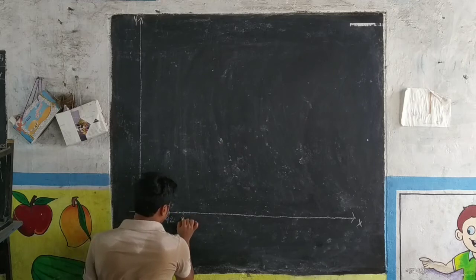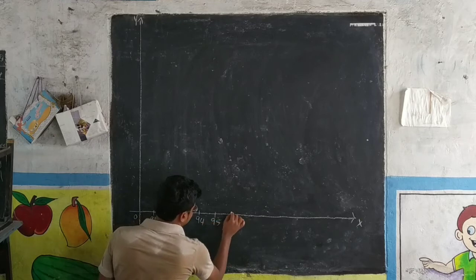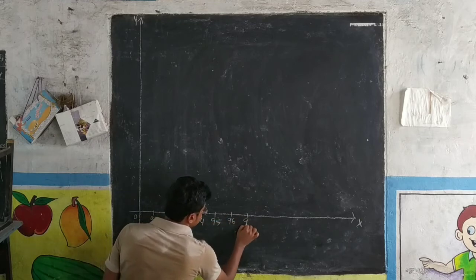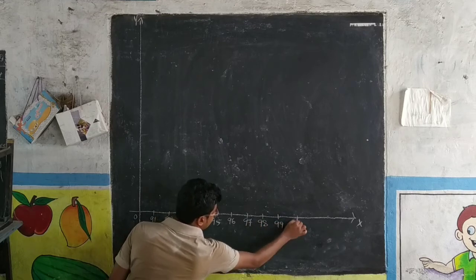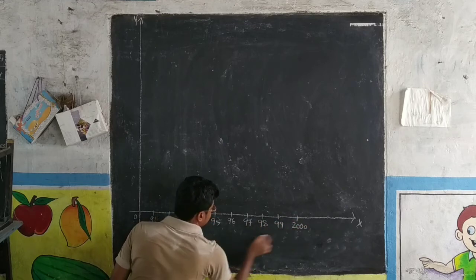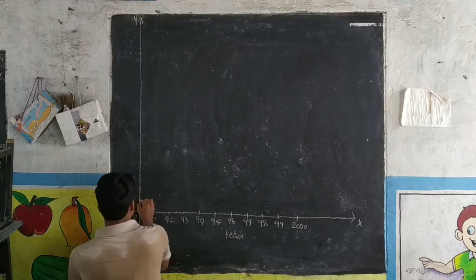On the x-axis, 91, 92, 93, 94, 95, 96, 97, 98, 99, 2000 years. Sales start from 470.